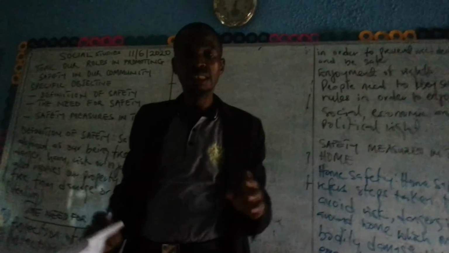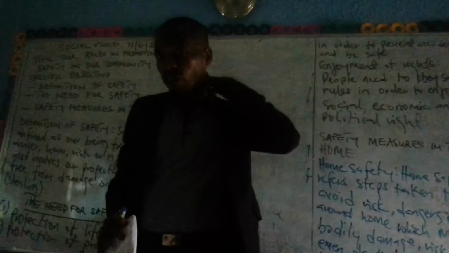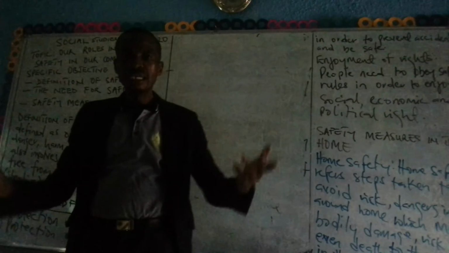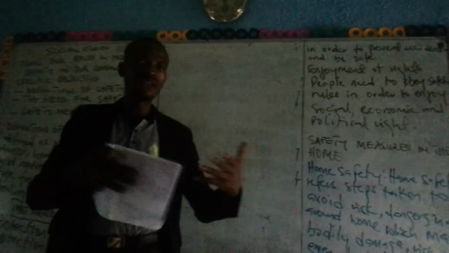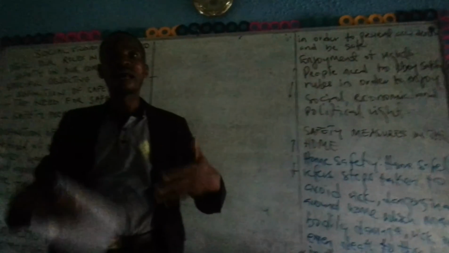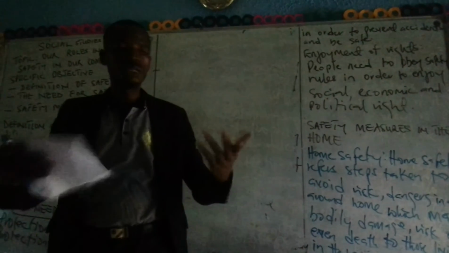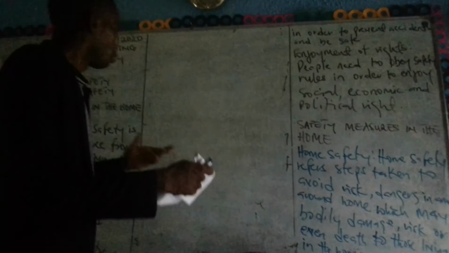It's very, very important. Then also the fire extinguisher that is used at home, especially around the kitchen, must be placed very well, and children must be taught how to make use of them.